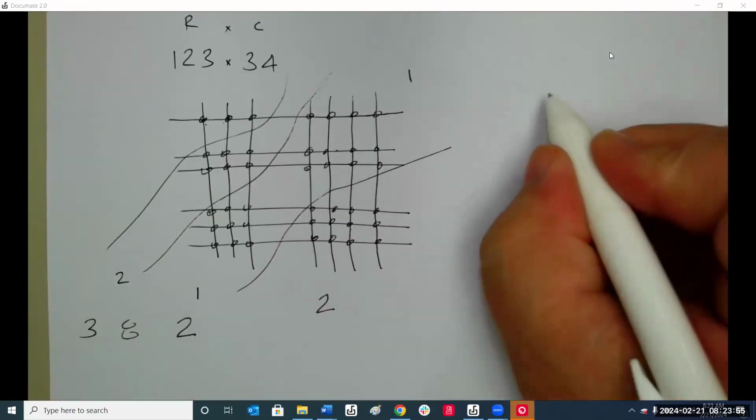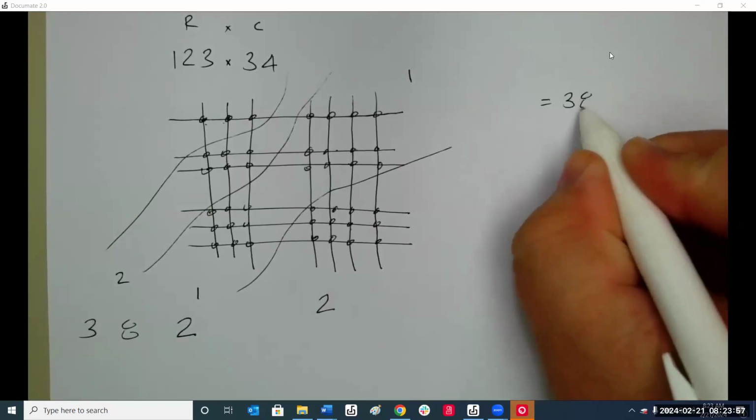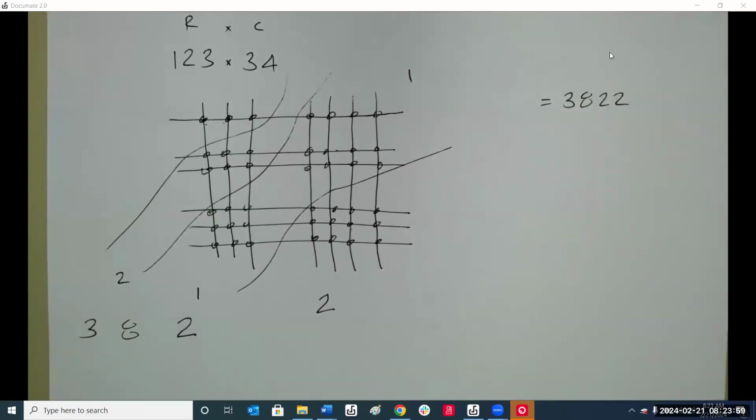So the answer is 3, 8, 2, 2. Any questions about this method?